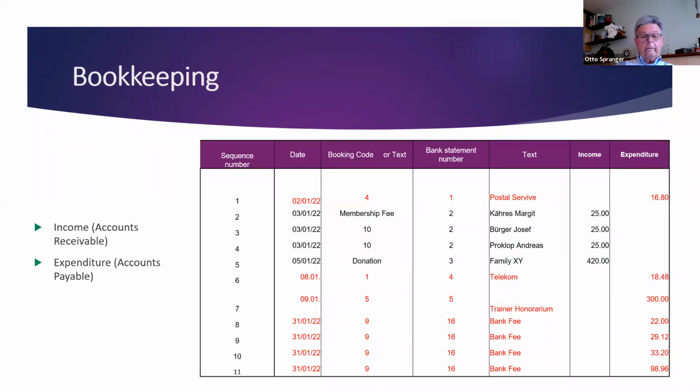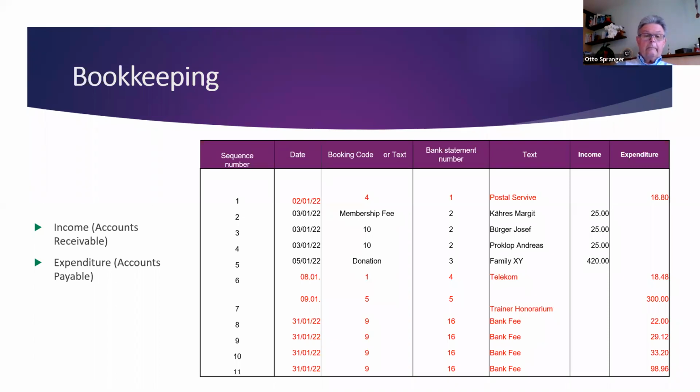Here you see a very simple Excel file. You need a sequence number, the date. You can create a booking code or even give a text. You have the bank statement number. So what was the expenditure or the income, the amount of money.